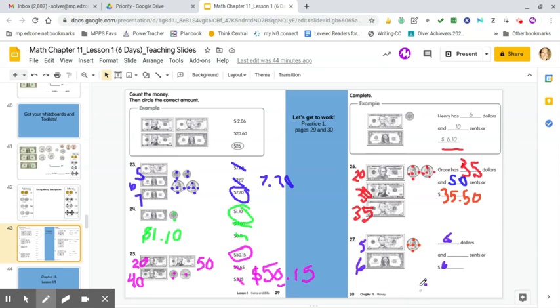All right, so now we're going to find out how many cents we have. 5, 10, 15, 20, 25. So you put 25 in this blank right before the word cents. Then down here you put $6 decimal 25. Okay, and that is our assignment for today, pages 29 and 30.